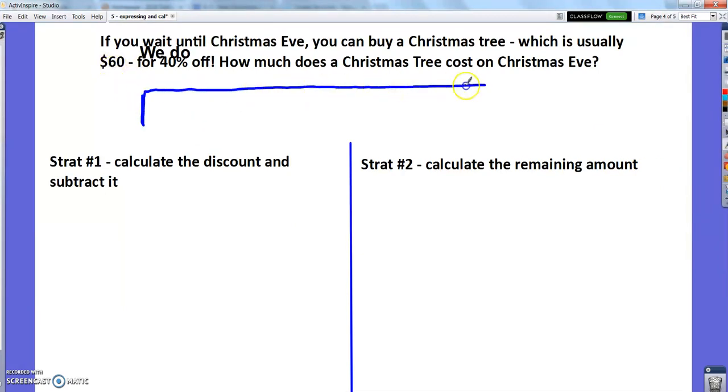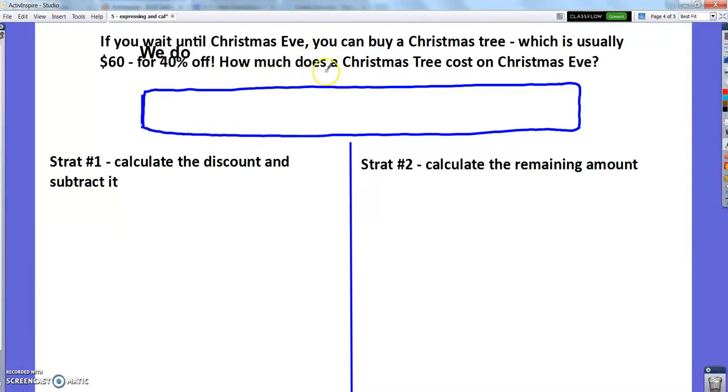So let's just make a nice tape diagram up here. And this whole thing is going to represent the $60 Christmas tree. And 40% is 40/100ths, or 4/10ths, or 2/5ths as my simplest possible fraction for 40%.